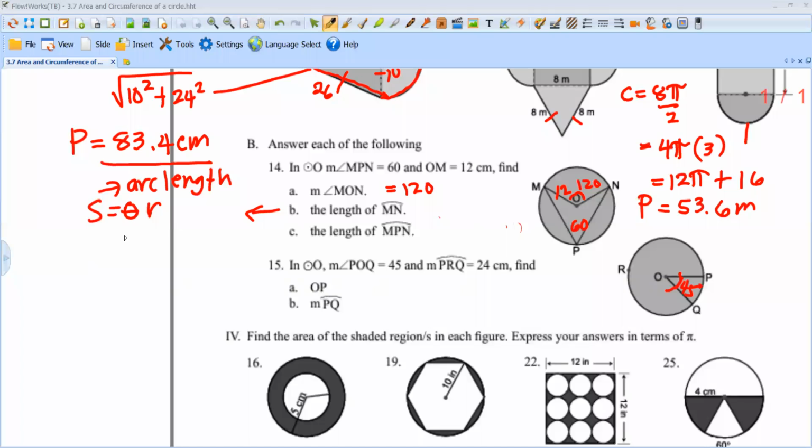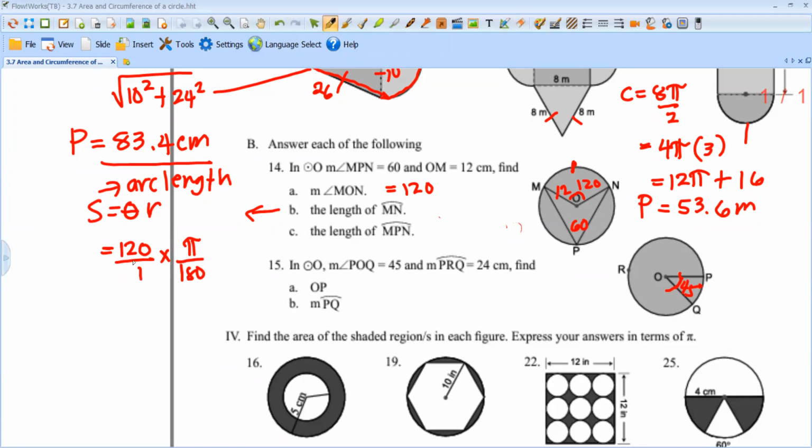we have theta times, where is that? Okay, we are looking for MN here. So the angle is 120 and the radius is 12. So 120 divided by 360, or times 180 over pi.